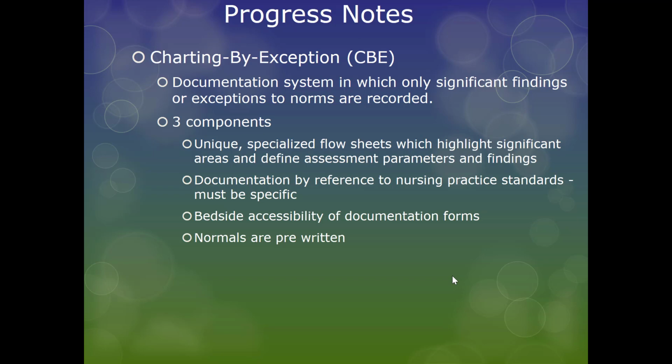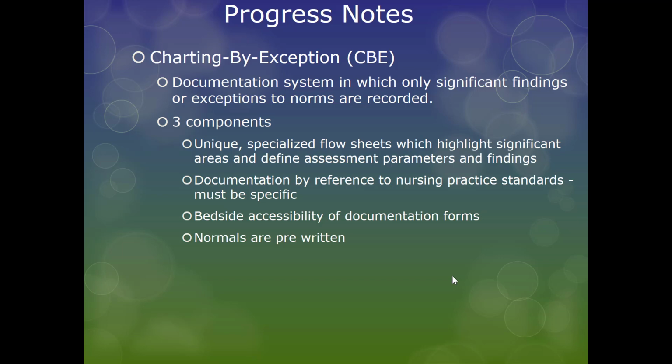You've got a flow sheet for every single diagnosis, basically. So you can imagine there is a huge learning curve to learning these documents. They're not saving you a whole lot of time if you're spending a ton of time just trying to read the flow sheets and decide if you know the normals and abnormals.